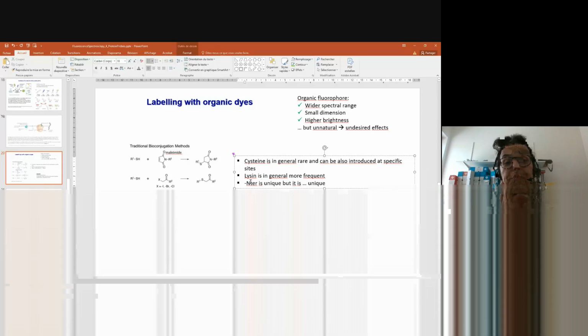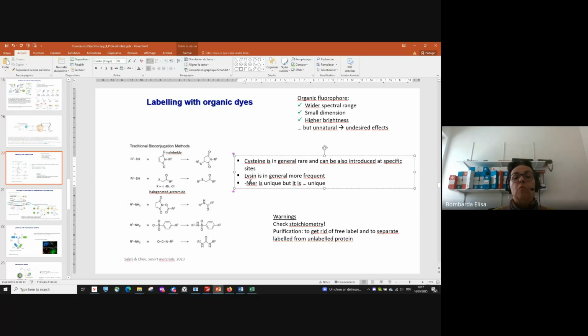So we can introduce organic dyes as fluorophore on protein. And also important, the warning, especially if you want to have a quantitative labeling, it is actually ideal to have only the labeled protein.